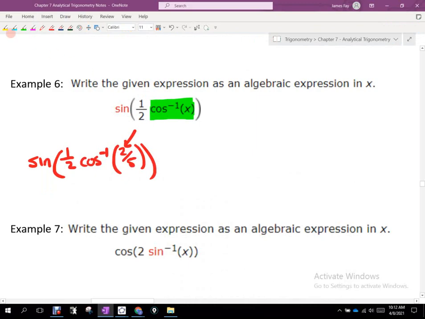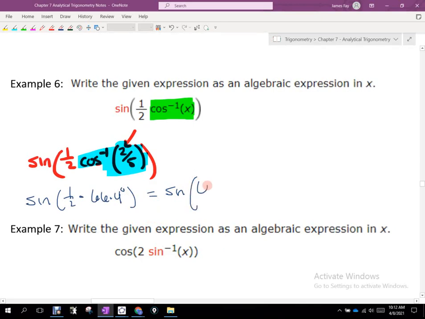So basically what they're saying here, when I know that specific value, I know the specific angle to be sine 1/2 of that specific angle, 66.4 degrees. Can I rewrite that as sine of 66.4 over 2?